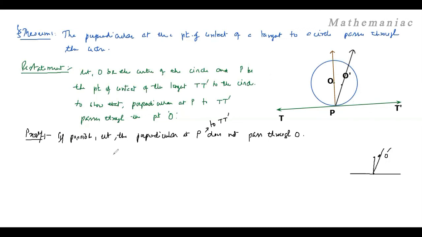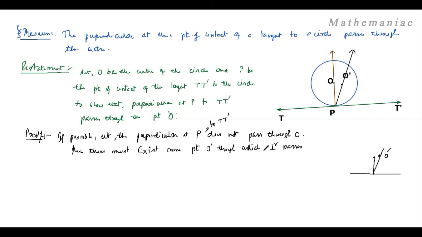So I can write, then there must exist some point O dash through which the perpendicular passes.